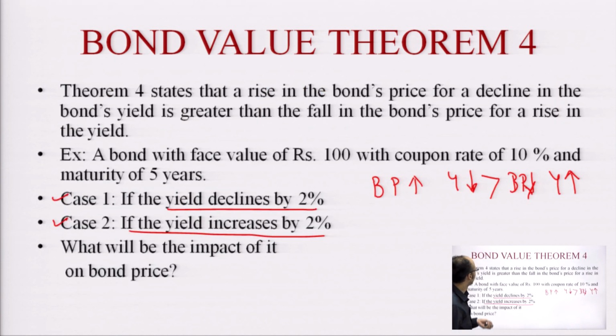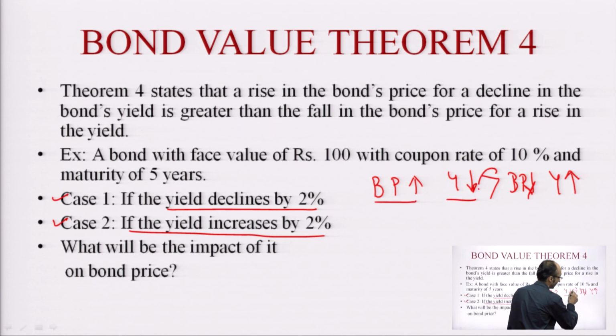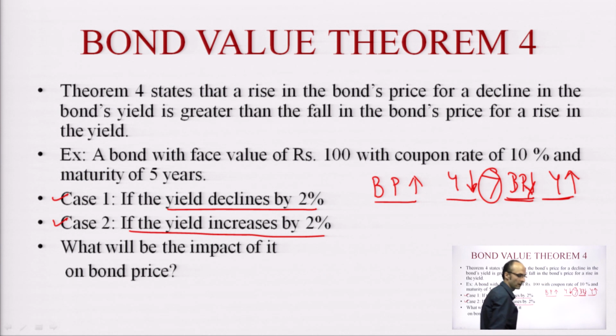Now theorem 4, what was it stating? Theorem 4 states that the relative rise in the price of the bond with a relative decrease in the yield will be far greater than the price decline of the bond with a relative increase in the yield. For this we have taken two cases in which we decrease and increase the yield of the bond by 2% respectively, and we have seen the impact on the bond prices.